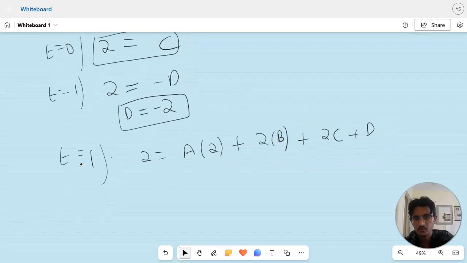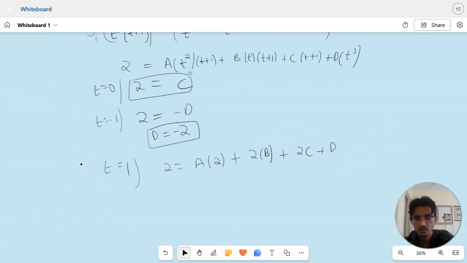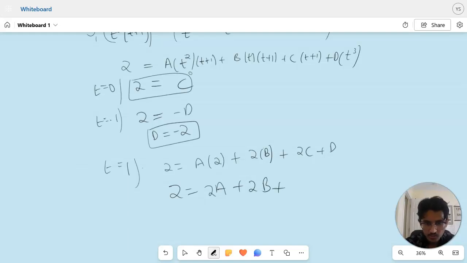Now, again, this is one of those steps where we have to plug in the previous values. So 2 times A plus 2 times B, right? 2 times C is going to give us 4, and D is going to give us -2.